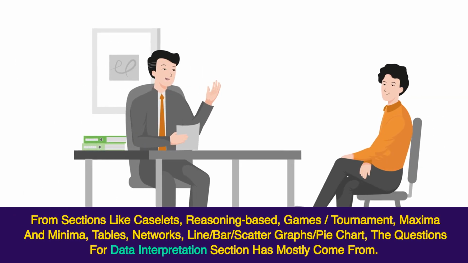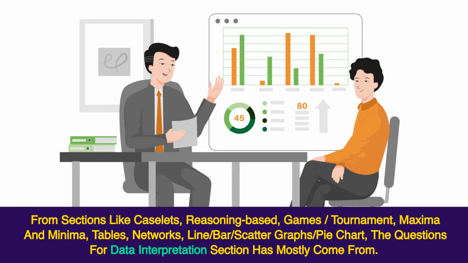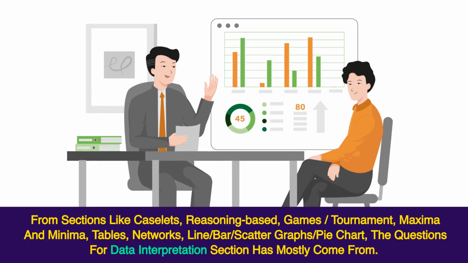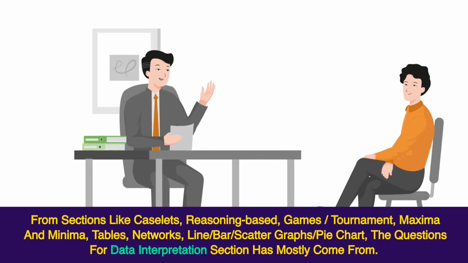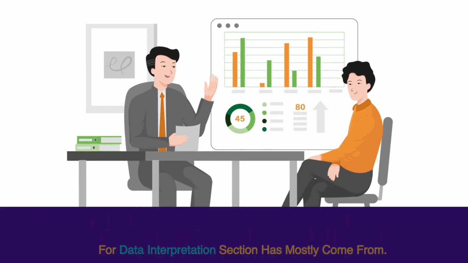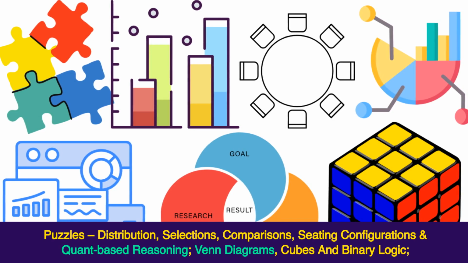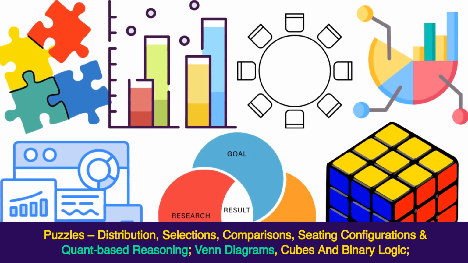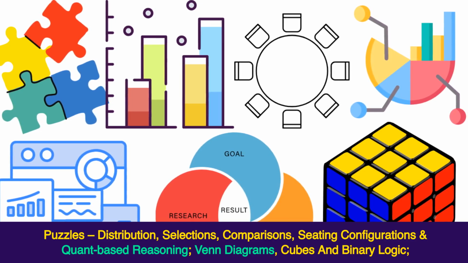From sections like caselets, reasoning-based, games for our tournament, maxima and minima, tables networks, line bar scatter graphs, pie chart, the questions for the data interpretation section have mostly come from puzzles, distribution, selections, comparisons, seating configurations, and quant-based reasoning, Venn diagrams, cubes, and binary logic.